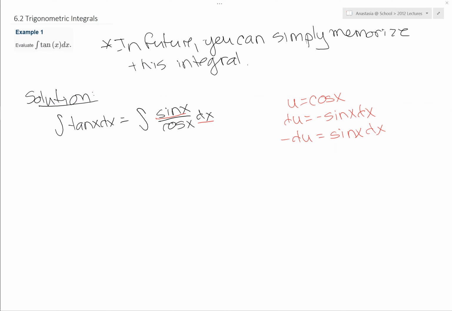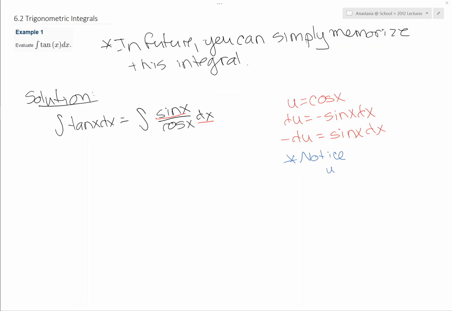Now you may have been tempted to let u be the sine of x and du would be cosine x, but the issue with that is that cosine x is in the denominator, so it doesn't really work out for a substitution.